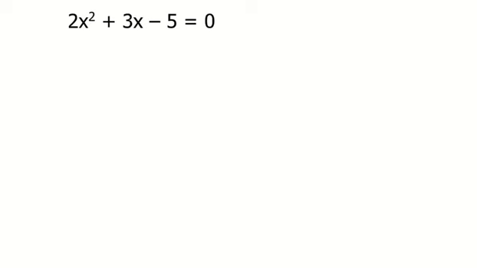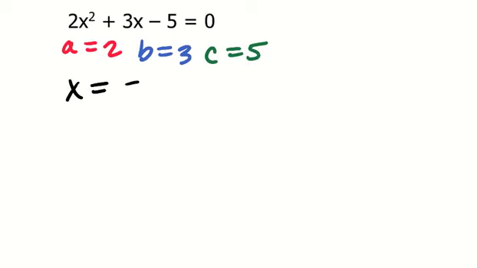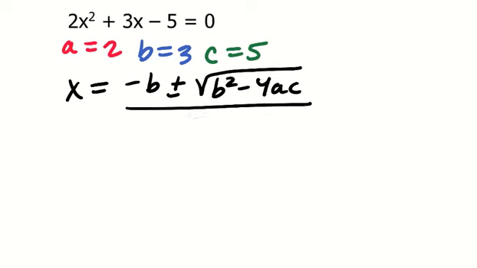All right, so I'm going to do 3 examples real quick. In this case, A equals 2, B equals 3, and C equals 5. We know that x equals negative b plus or minus the square root of b squared minus 4ac all over 2a.